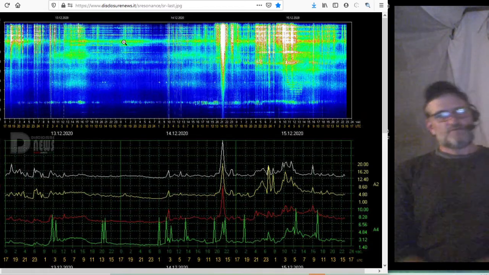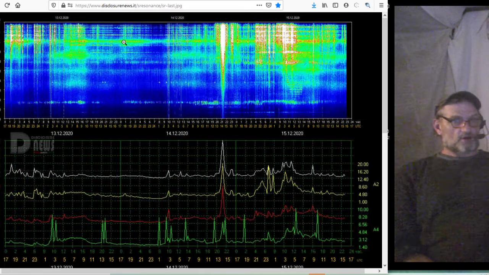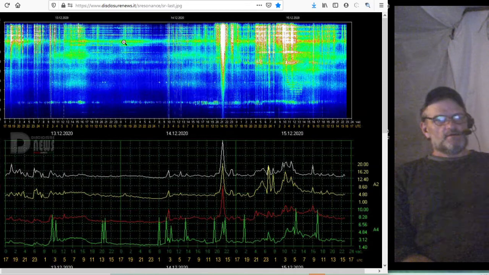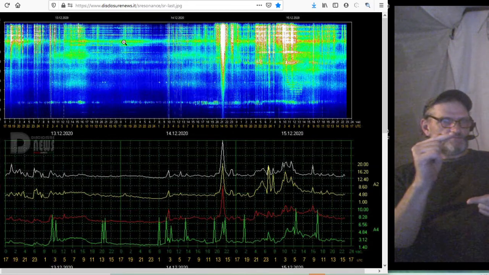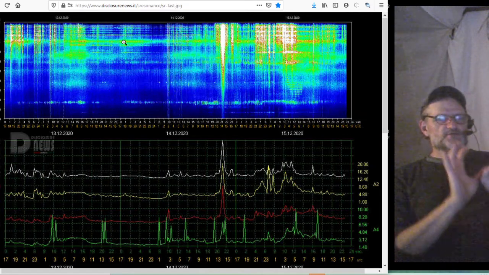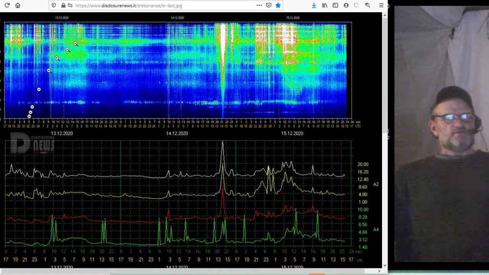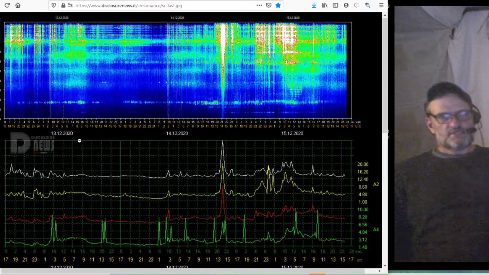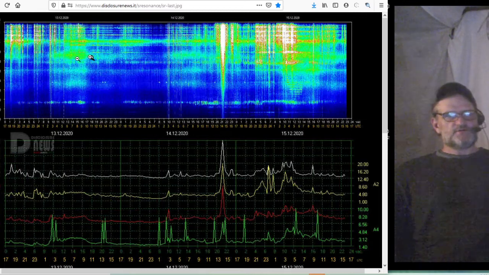The frequency of the Schumann resonances is not moving up because there's a bunch of constants: the speed of light, the Earth-to-ionosphere cavity, the size and shape of the ionosphere, and the size and shape of the Earth itself. These are a big part of what holds the frequency of the Schumann resonances consistent.